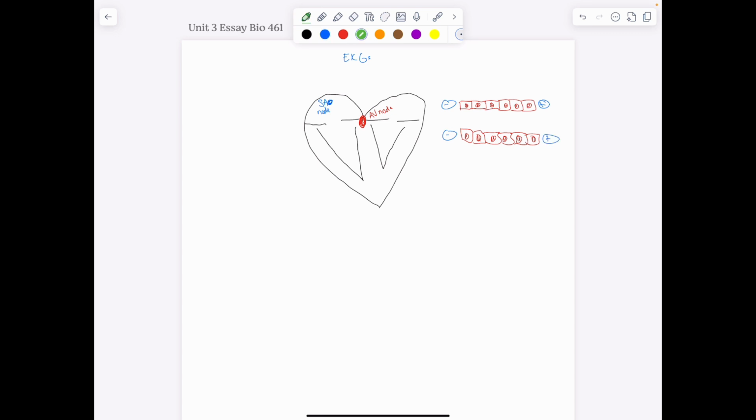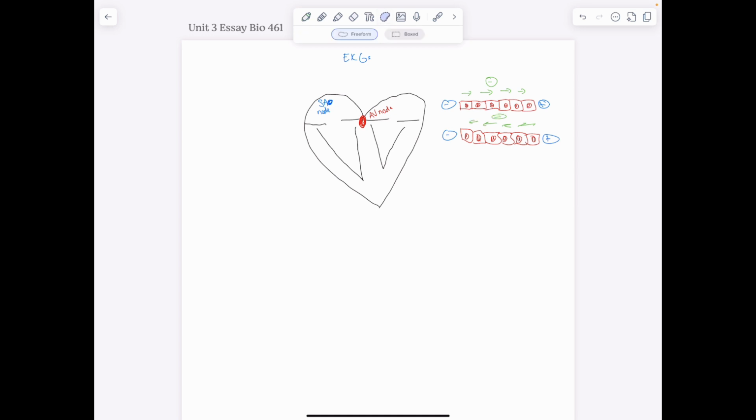And then let's say we get a depolarization that gets sent down. And when we're dealing with EKGs, we're thinking outside of the cell. And so once we get a depolarization, we'll have negative on the outside. And let's say we go the opposite way on this one. And so we get a depolarization.